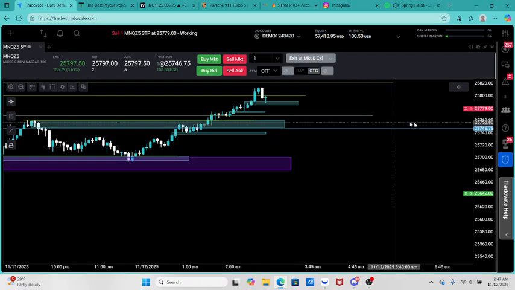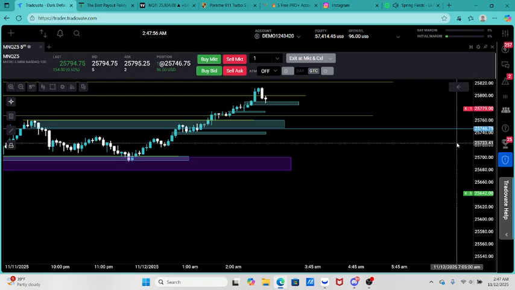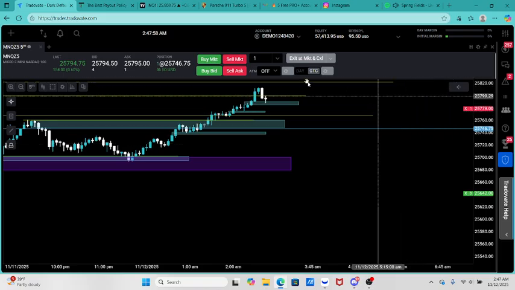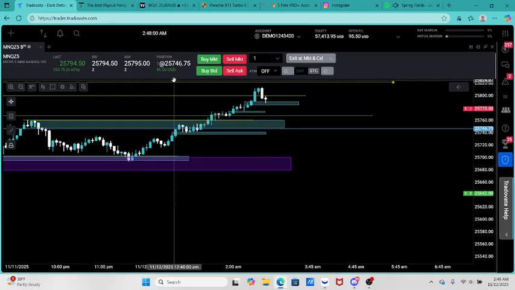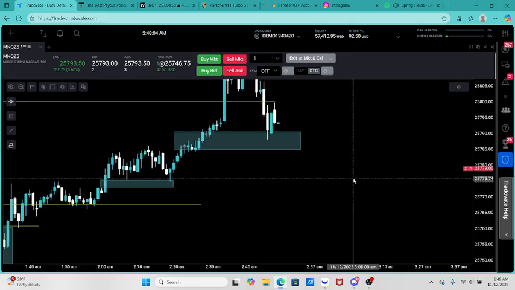Worst case scenario on this last contract, if we do come down, that'll still be about 30 points of profit, and I still took out my other two entries right up here at 55 points of profit. So not bad, not bad.